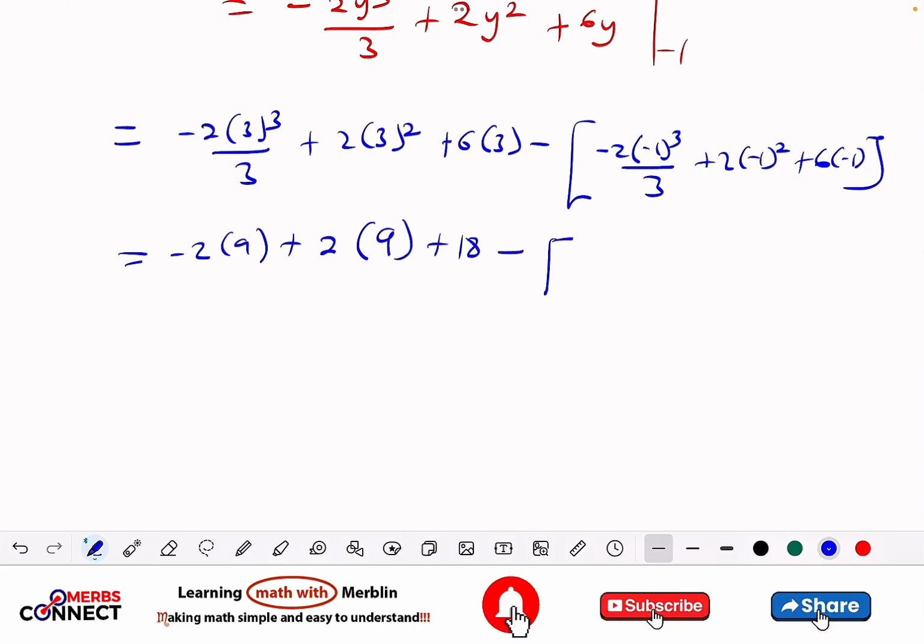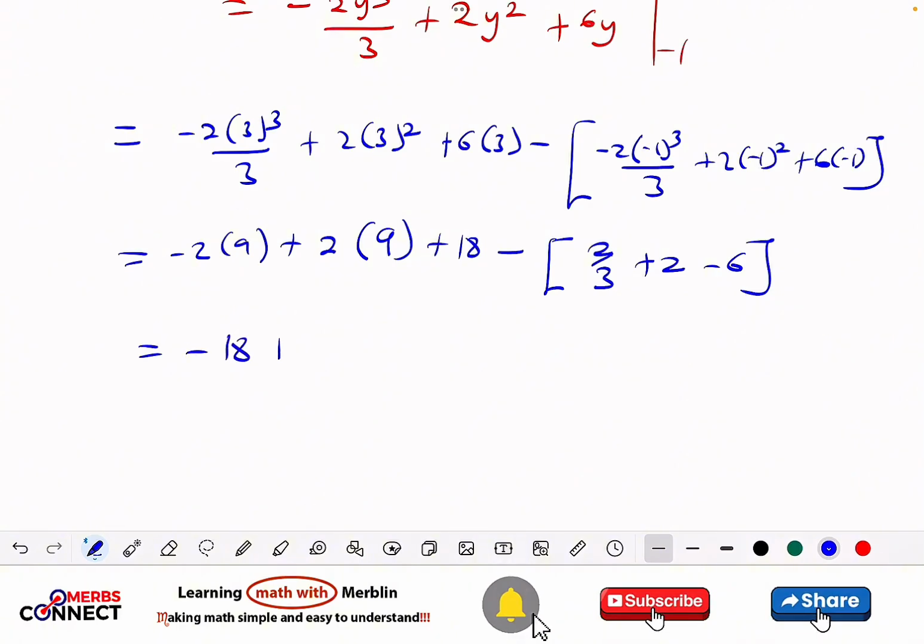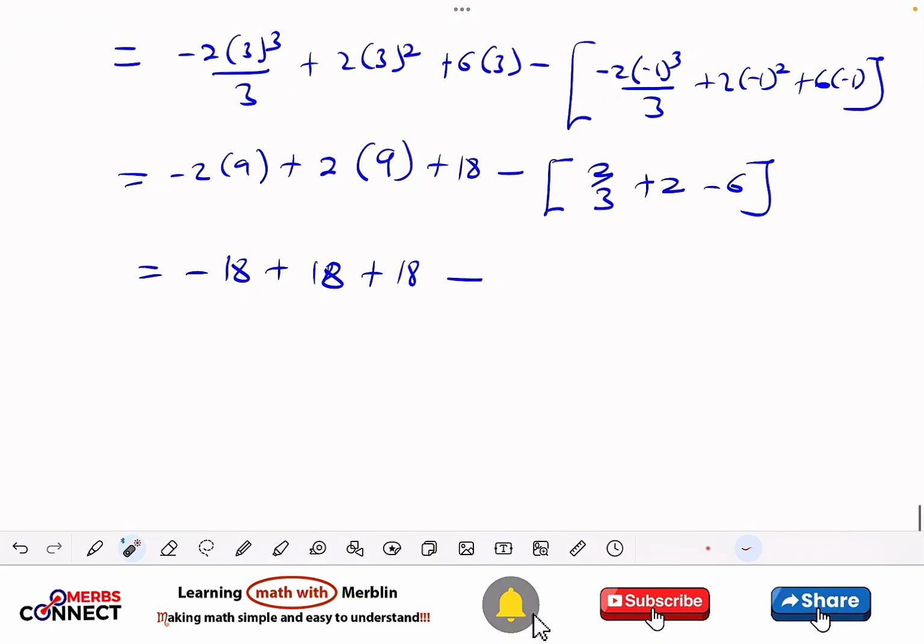Minus, this is going to give us minus 2 times minus 1 over 3, then plus 2, and this is going to give us minus 6. So minus 18 plus 18 plus 18 minus, when I solve everything in the bracket here, I'm going to have something like 10 divided by 3.